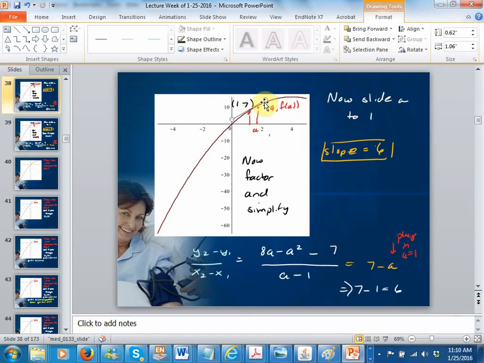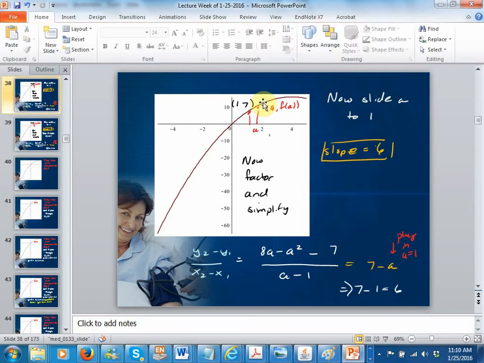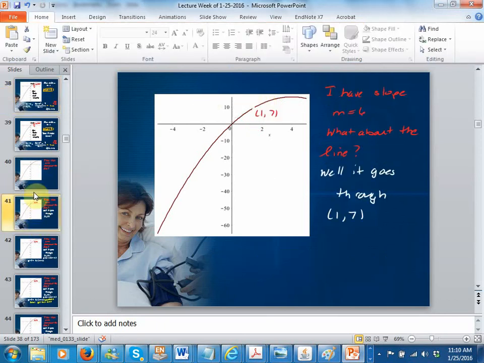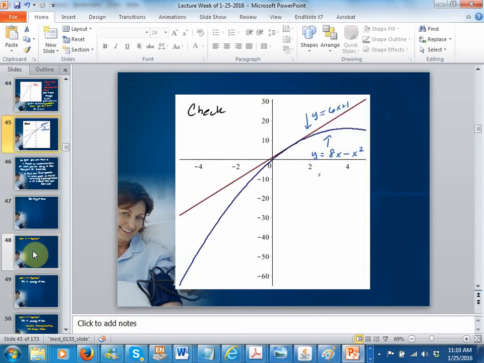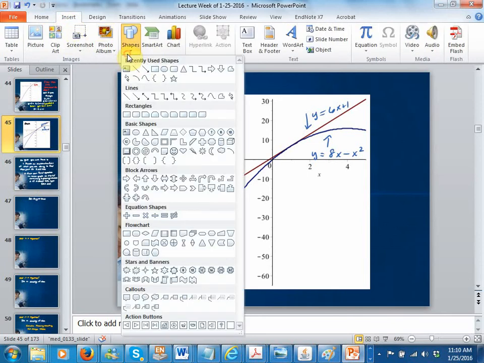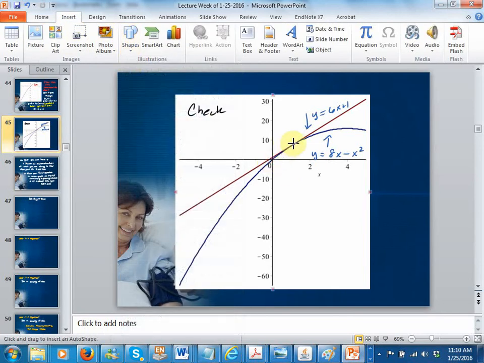So I'll show you the same thing on the actual graph so you can see it. That one's a tangent line, the red one. The point that I took was this one. Let me scoot it up a little bit.